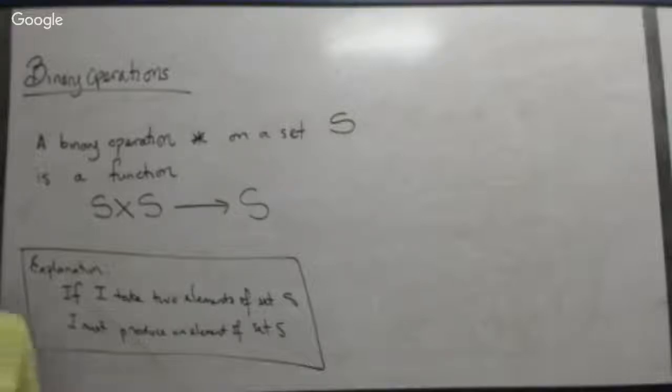Now let's read what is in the book. Let's start from operations itself. A unary operation is an operation that can be performed on one element of a set or one number.